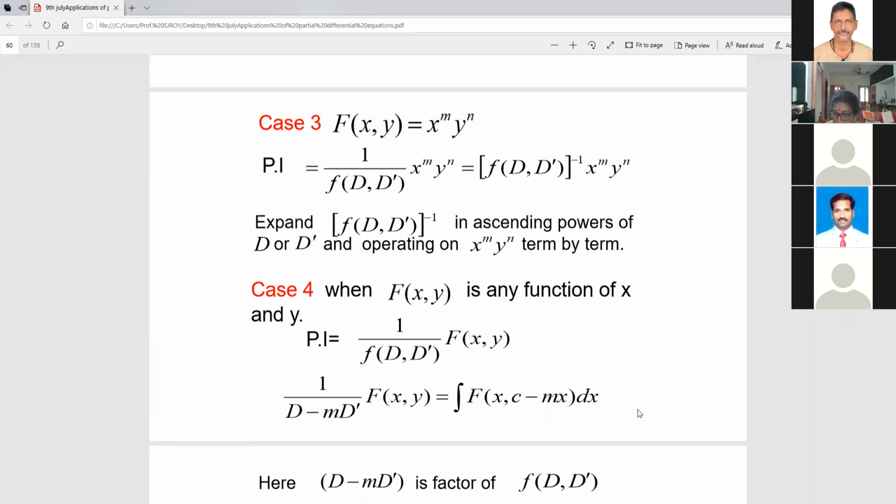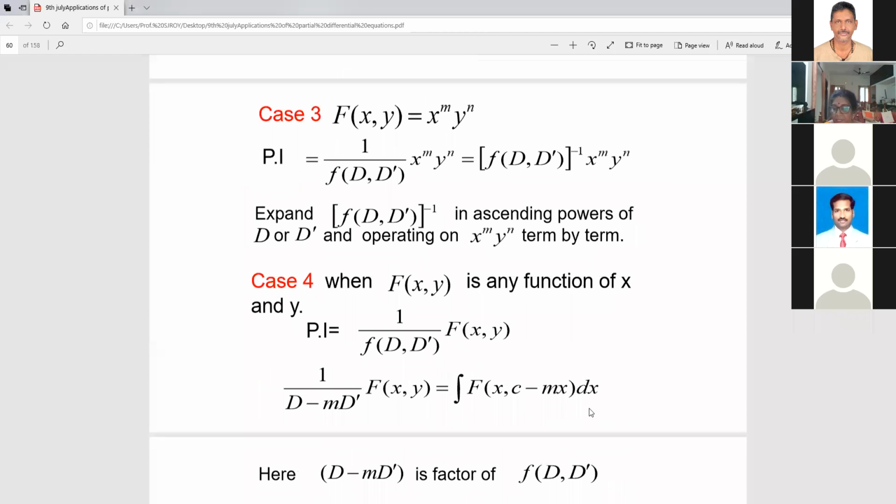We are using this because applying Lagrange's method for each factor is difficult. So we are directly asking students to use this idea. So basically we are getting the transformation as y plus mx is equal to c. So by keeping one single idea in mind, we are going ahead like this.